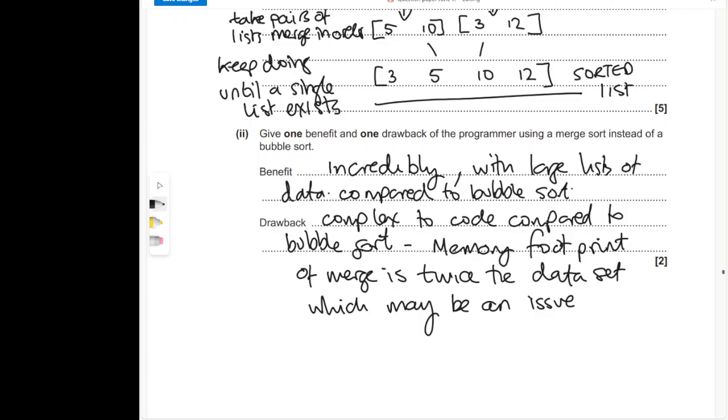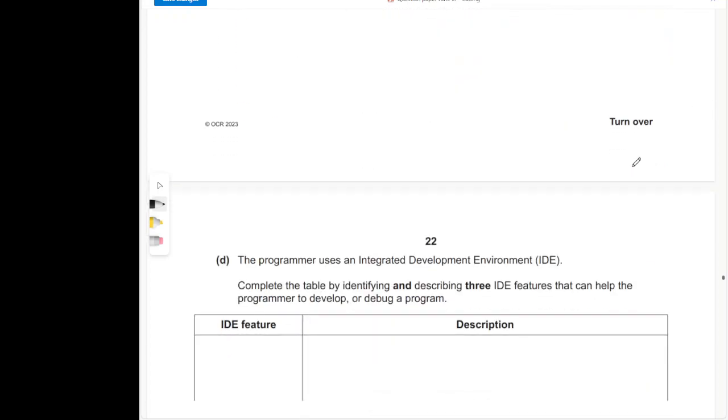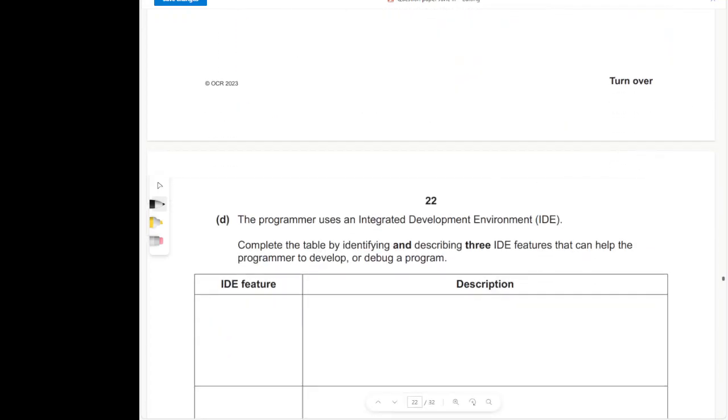So merge sort can just stick its fingers up at you and go, I can do it that way anyway. May be an issue in certain environments. Not everything has got an infinite amount of memory. And you can't download it from the internet, apart from some people that think you can. Right, I'll stop that there because I don't know how long that went on.